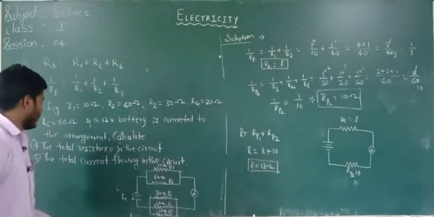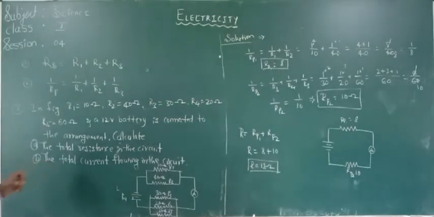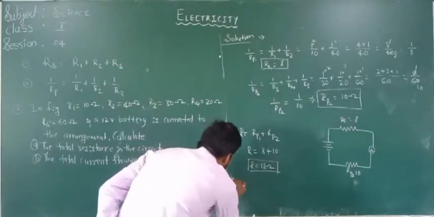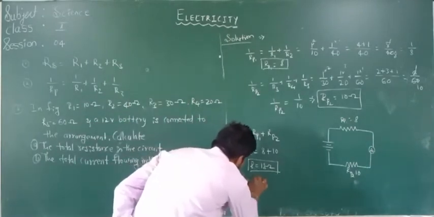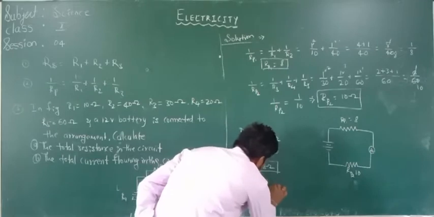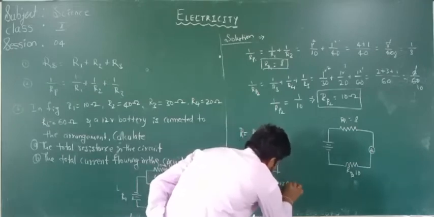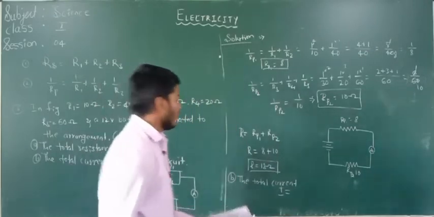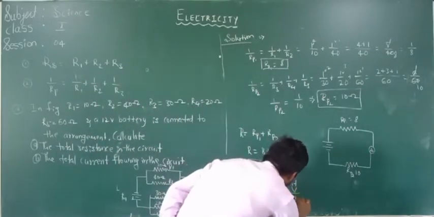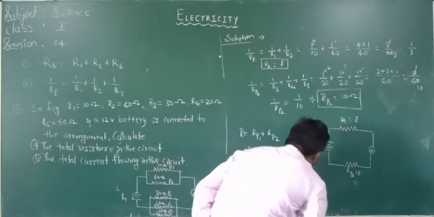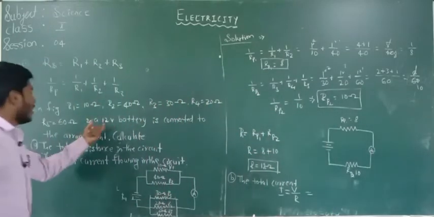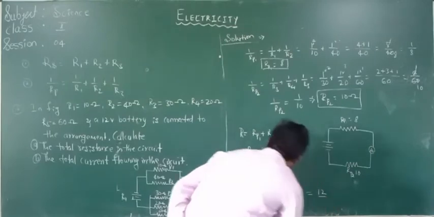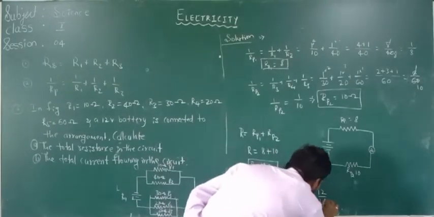This is the equivalent resistance of the circuit. Have you understood? And the second question is the total current flowing through the circuit. The total current I is equal to, we know the formula, I is equal to V divided by R. Here the value of V is given, a 12 volt battery, that is 12 divided by the total resistance, here it is 18.